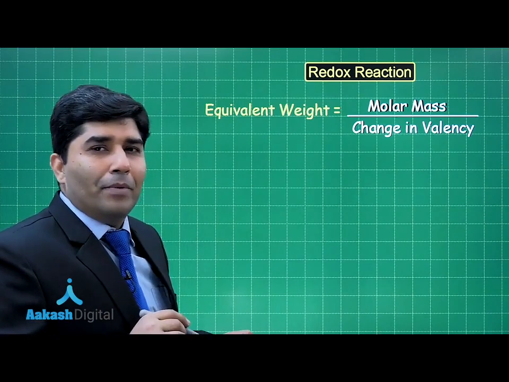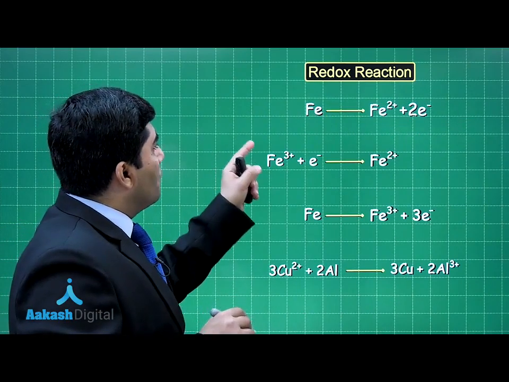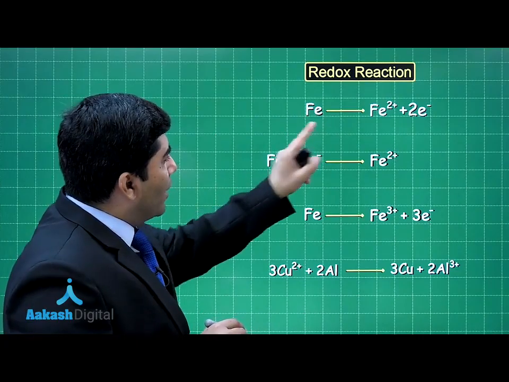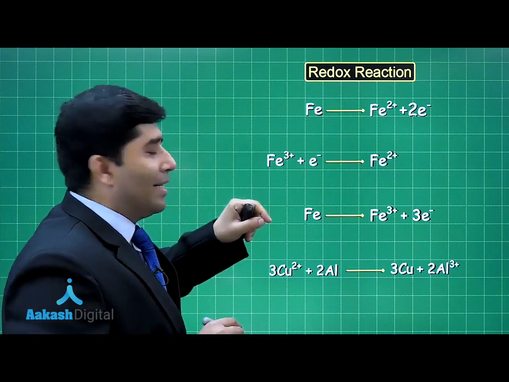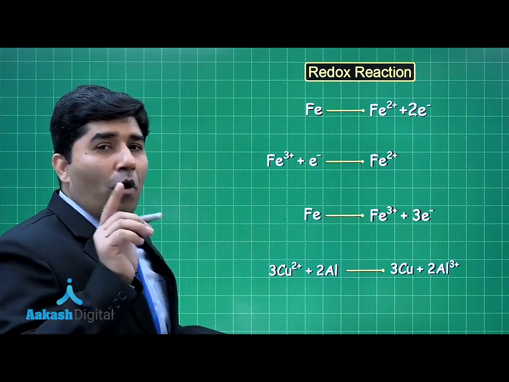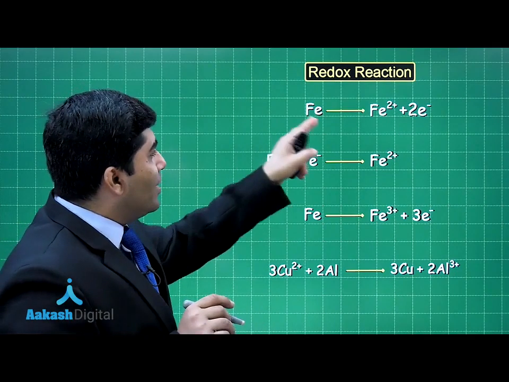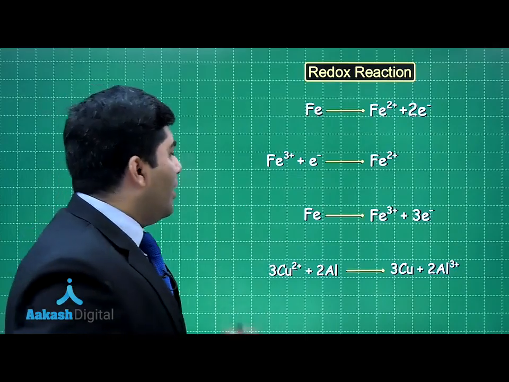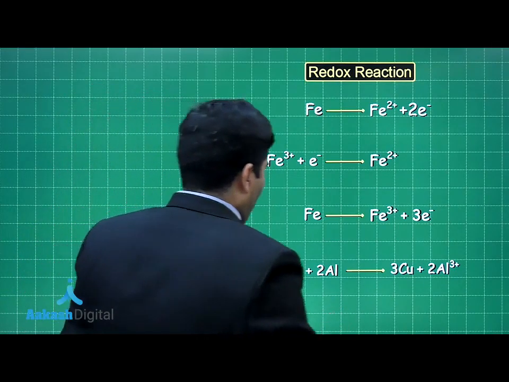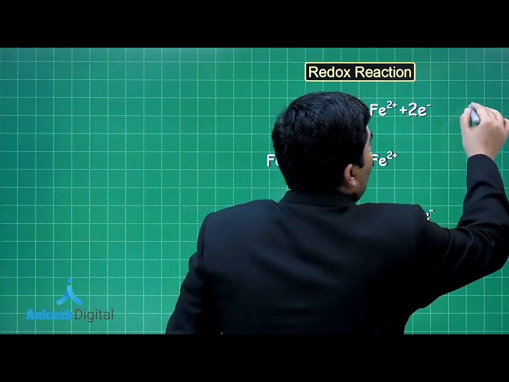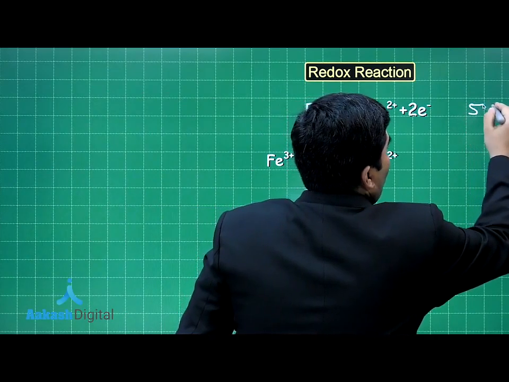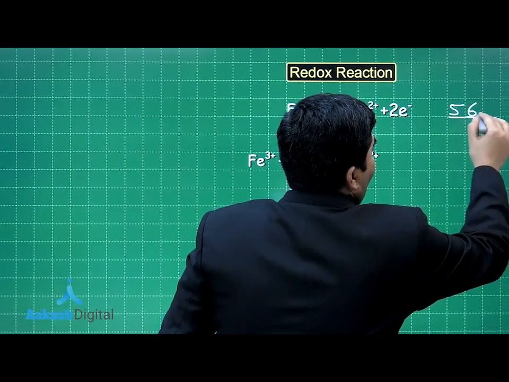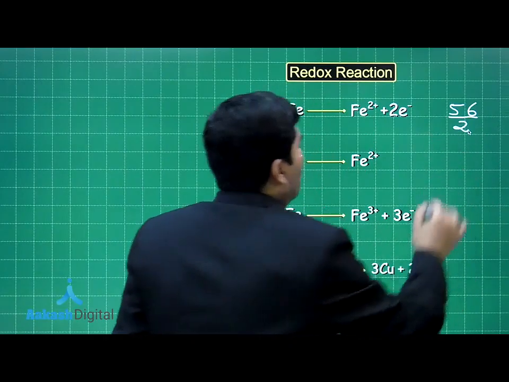Let's take some examples. First is Fe giving 2 electrons to form ferrous ions. It is the case of oxidation. So what is the change in the valency? Change in the valency is 2. Therefore, its equivalent weight will be equal to 56 by 2.